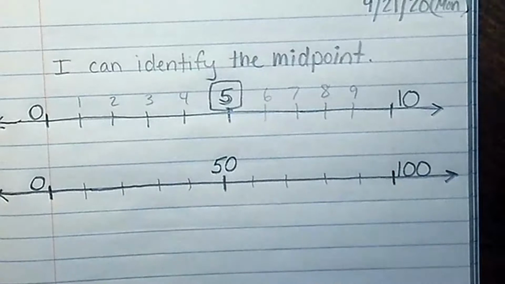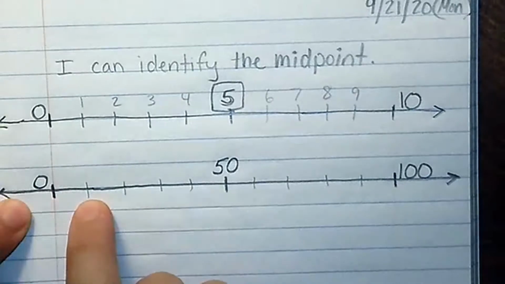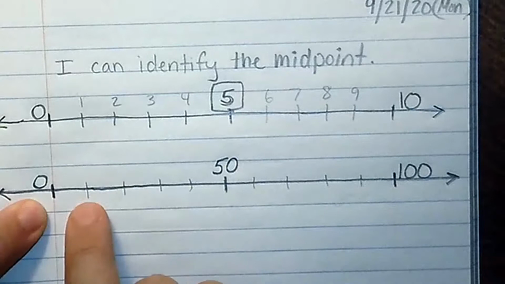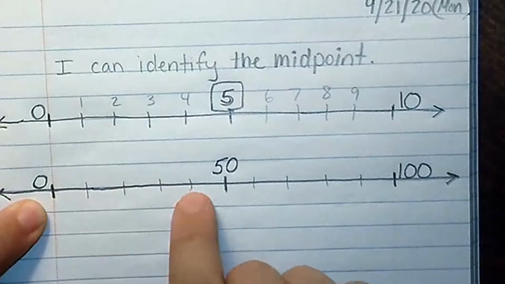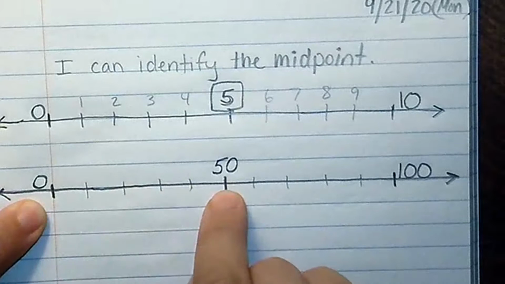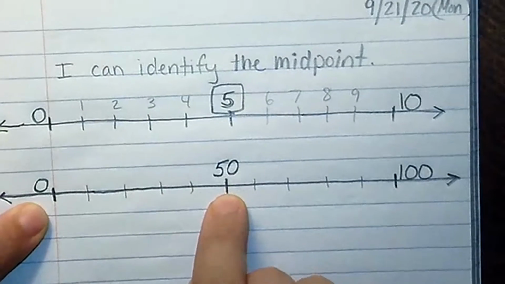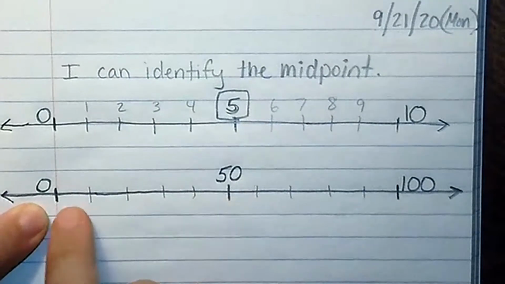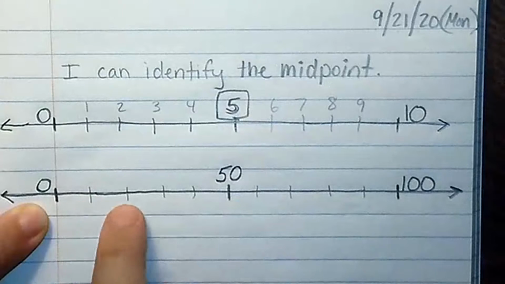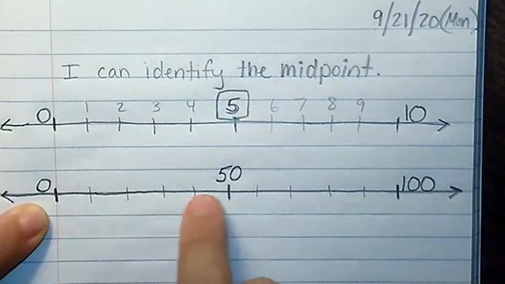Now I want to label all of my lines to figure out how much each place is worth. Well, here's 0. What would this first line be? It could be 1. Let's try 1. 1, 2, 3, 4, 50? No, that doesn't work, does it? So it can't be counting by ones. Let's try tens. 10, 20, 30, 40, 50.